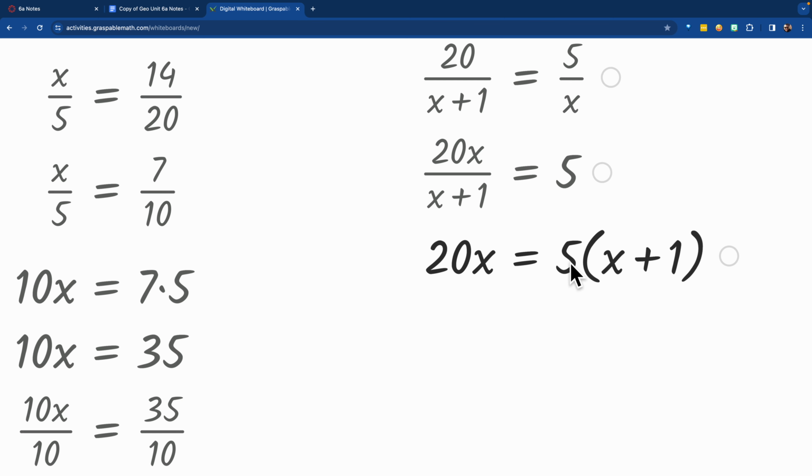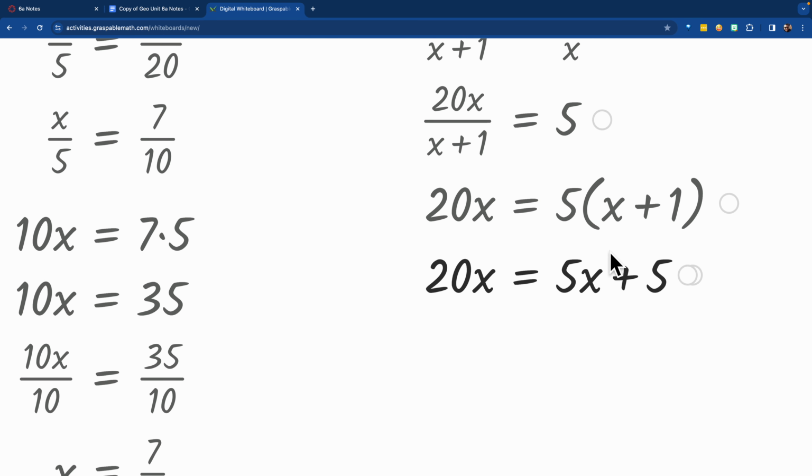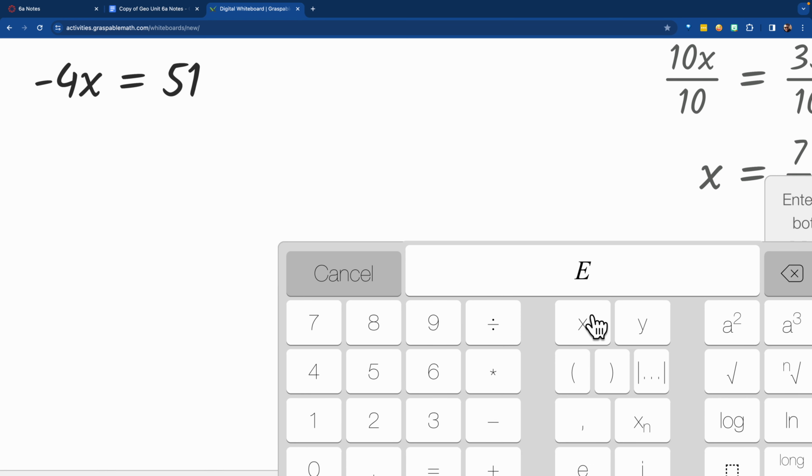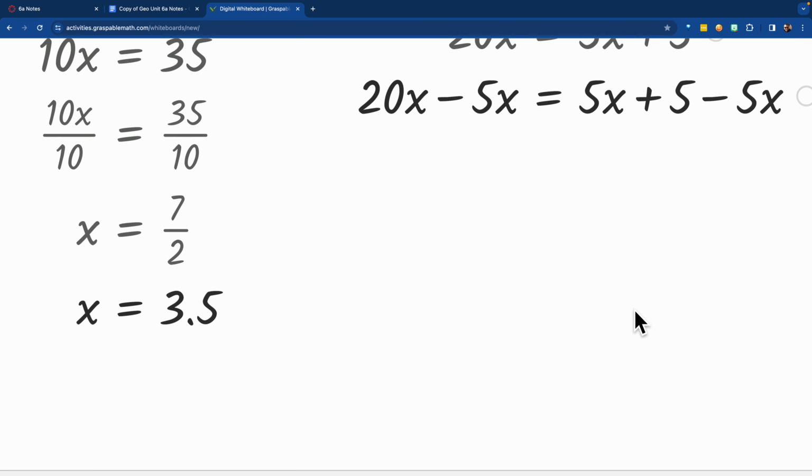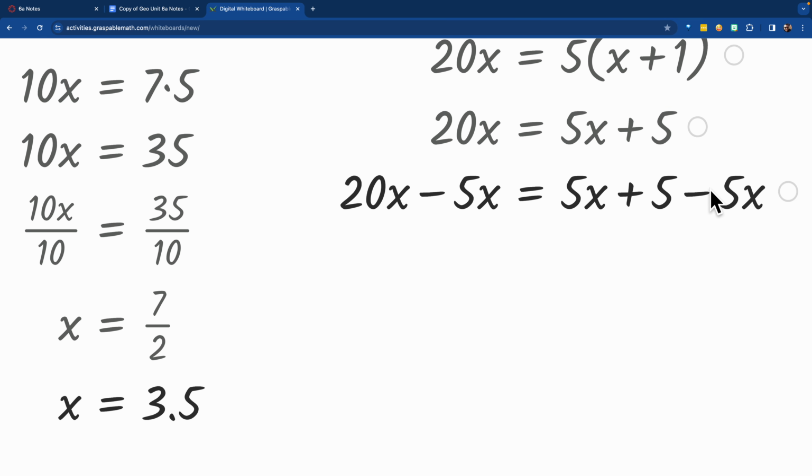I need to distribute. I know it's going to be 5x plus 5, but if I'm using math.new, I'm going to drag that 5 to the inside so it multiplies to both pieces. At this point, I need to get the x's and the numbers separated and combined. So I have all x's on one side, all numbers on the other. So I'm going to subtract that 5x from both sides. And on the right side, I've got to put the minus 5x with the plus 5x.